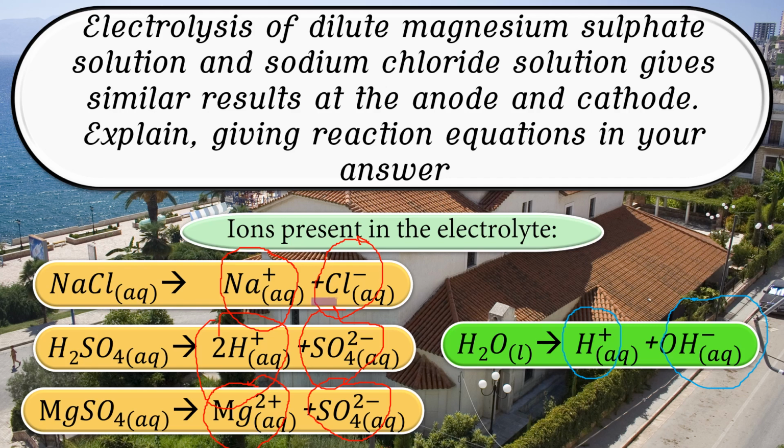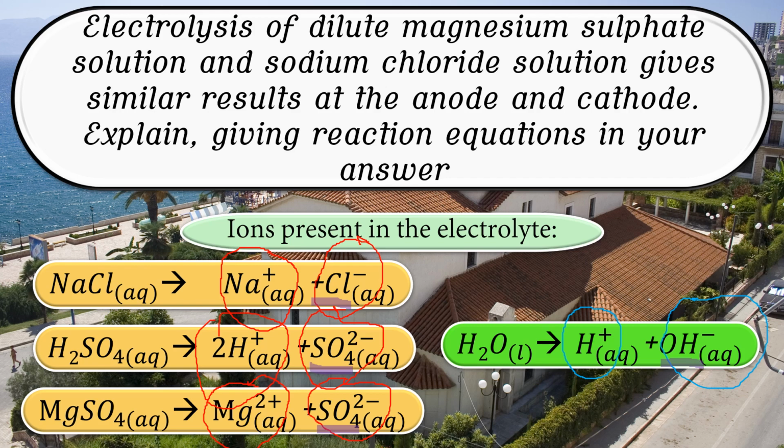The chloride ions are going to go to the anode. The sulphate ions will go to the anode. And then also here we still have sulphate ions going to the anode. And then we shall also have the hydroxide ions going to the anode.